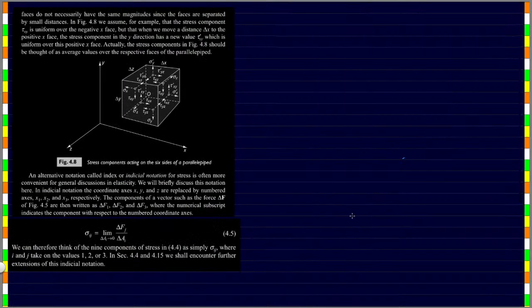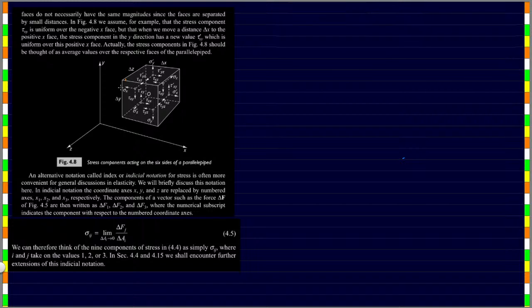Now with these new conventions, what we get here is that faces do not necessarily have the same magnitude since the faces are separated by small distances. In figure 4.8, we assume, for example, that the stress component tau xy is uniform over the negative x face. Negative x face means this is the negative x face, and on that the tau xy, the stress that we get, we are assuming it to be uniform.